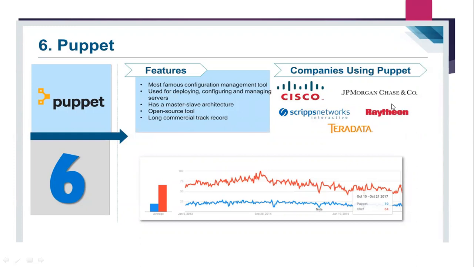Some companies using it right now are Cisco, JP Morgan, Teradata, and a lot of other companies. A very classic configuration management tool, which has been in the market for almost how many years? 16, yeah, close to 15 to 16 years.